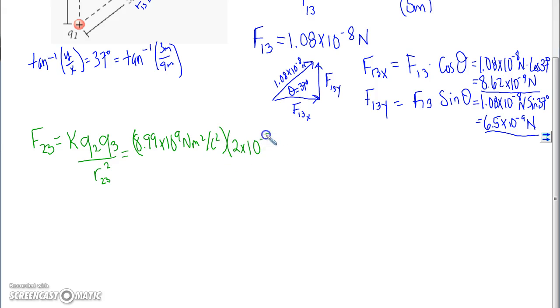I've already taken the direction into consideration, so I don't need to put that in right now, just the magnitude, meaning the absolute value. Then, as you can see, I put in Q2, Q3, and the distance between the 2 of them squared. So if I enter that into my calculator, give me a second.